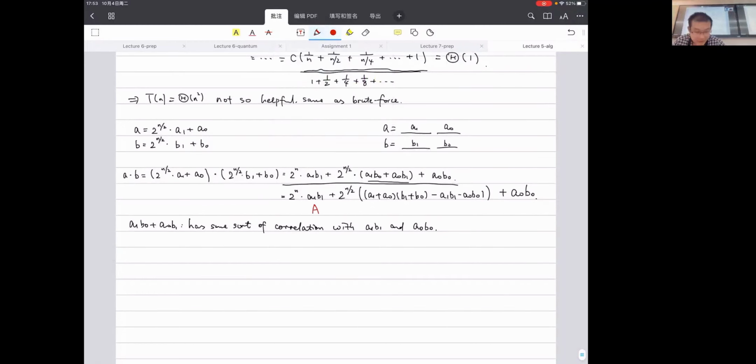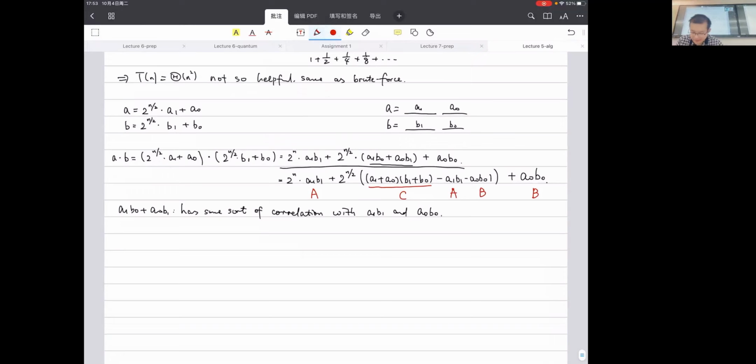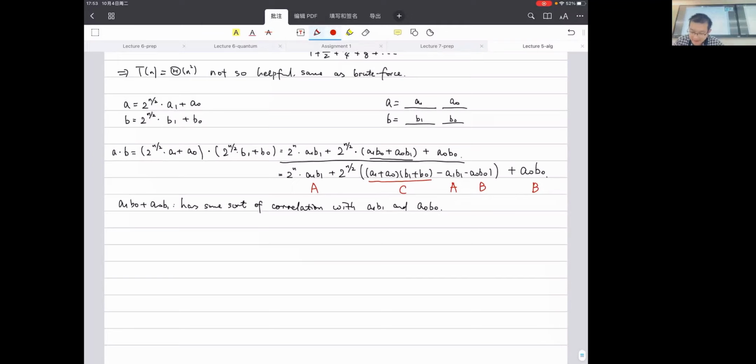Let's call this part A, and this part B. So this is another A, this is a B, and this is some multiplication that is different from A and B, and this is a C. This is a very nice observation from this equality, and it was first observed by Karatsuba.